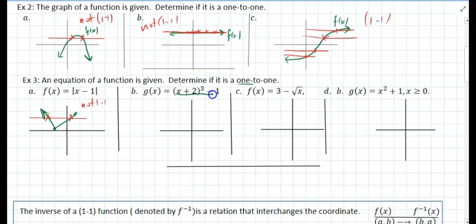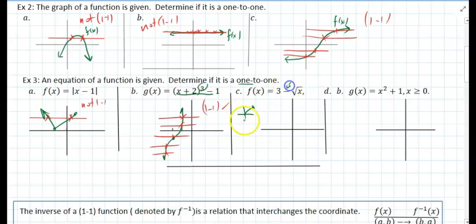If I look at this graph, a cubic shifted 2 units to the left, 1 unit down, something like this, does that satisfy the horizontal line test? Yeah. Anywhere you draw a horizontal line, it only crosses once. So we say it's 1-1. And the radical, square root of x, looks like that.